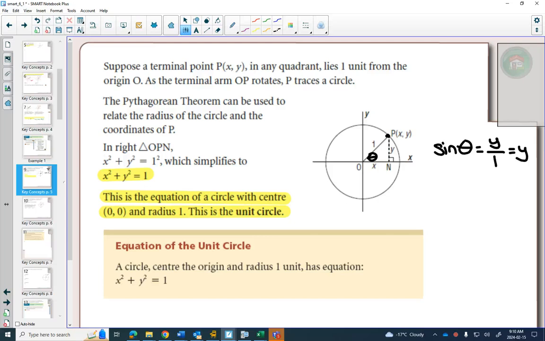I could write cos of theta as the adjacent over my hypotenuse, which would give me just x. And I could write tan of theta as opposite over adjacent, which would be y over x.